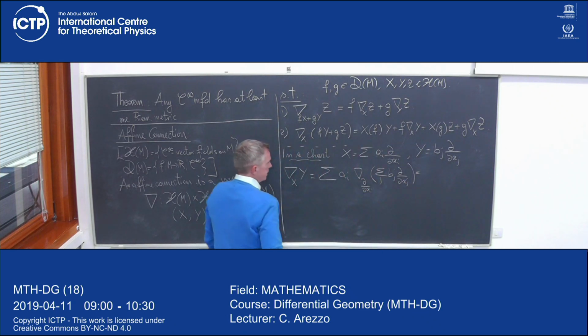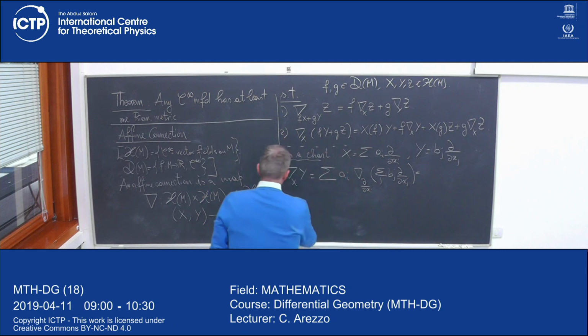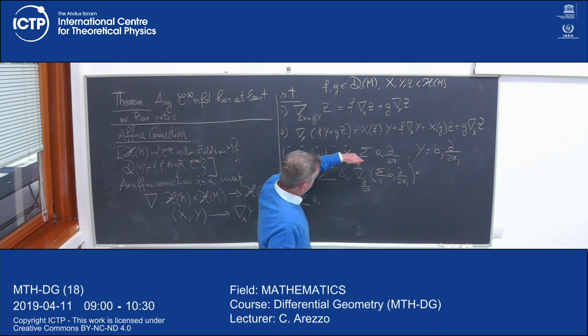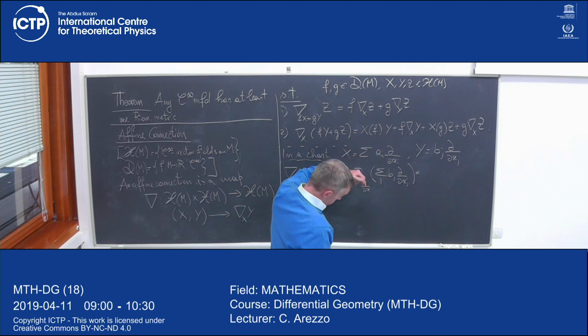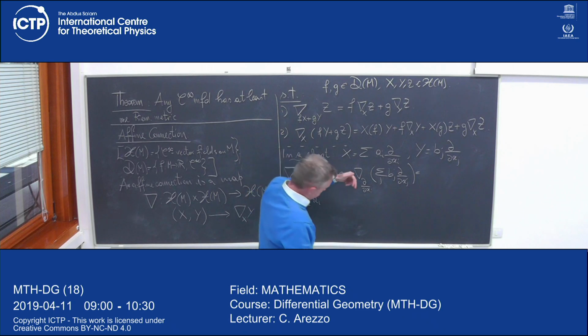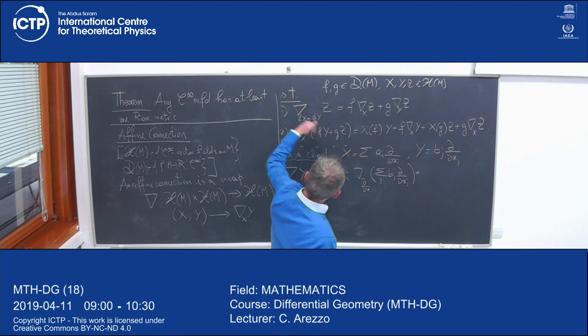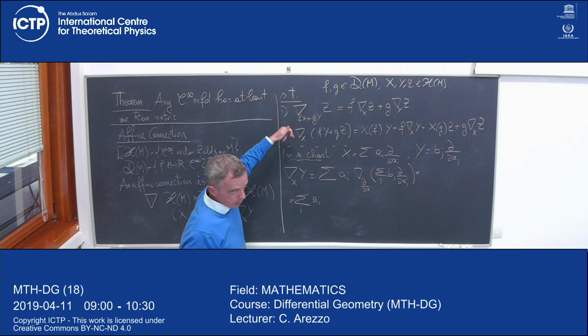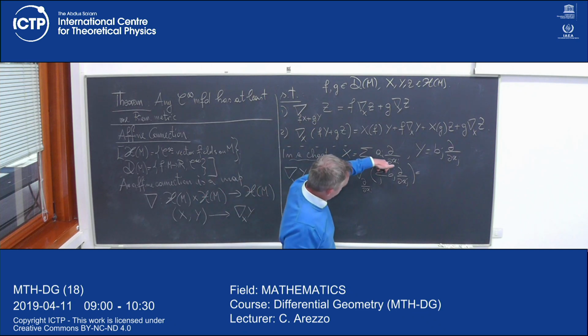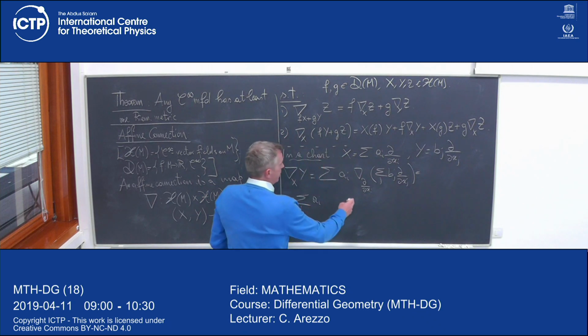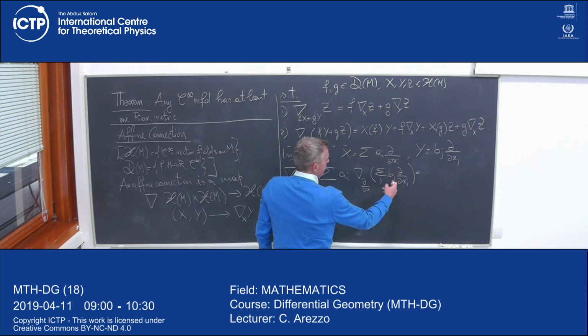So this is the sum over i of a_i. Now I have to be careful, I have to satisfy a Leibniz type rule. The b_j are functions, so they need to be differentiated. So any term appearing in the sum will produce two elements in the new sum.